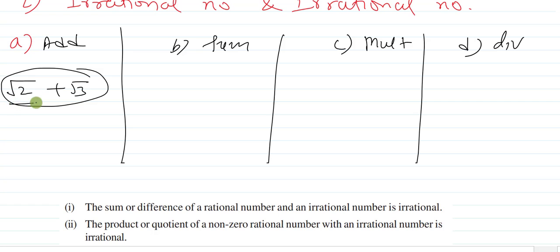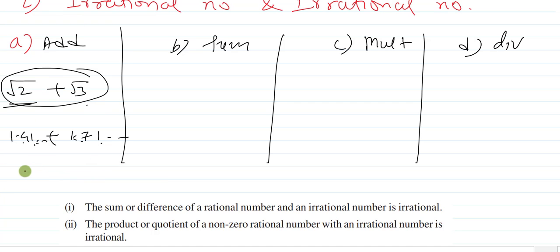How? We know that root 2 will be 1.41 something and root 3 will be 1.73 something. Something means as it is an irrational number, it will not repeat and it will not terminate. So if you add this, what you will get: 3.1, and so on.